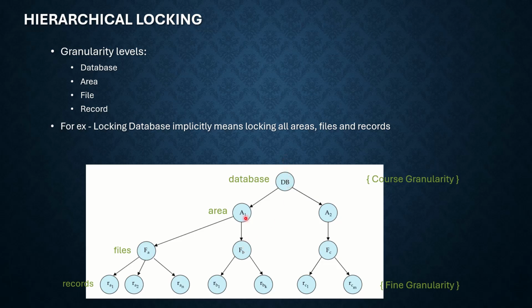So while traversing, if I want to put an exclusive lock here, then I need to put an intention exclusive lock here, then an intention exclusive lock here, then an exclusive lock here. If I want to put a shared lock here and an exclusive lock here by the same transaction, then I am going to put an intention exclusive lock here, then a SIX lock here, that means a shared intention exclusive lock here, then an intention exclusive lock here, then an exclusive lock here.